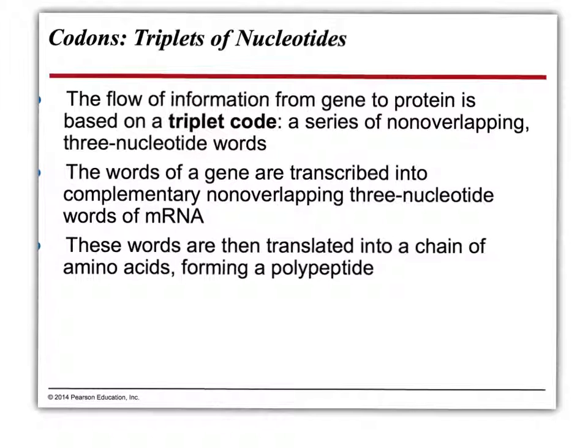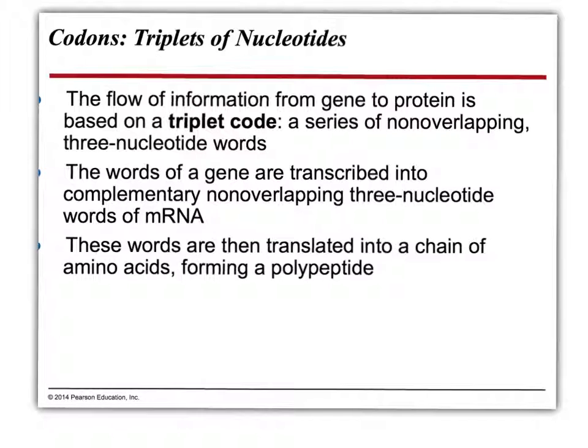There are 20 amino acids, based upon the 3-letter code and having 4 options for each letter. It's like 4 to the 3rd power. That means there are 64 possible codons, possible triplet combinations.